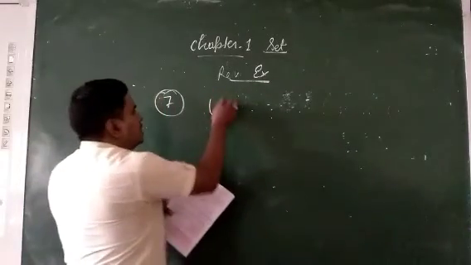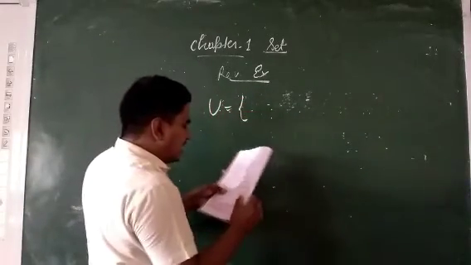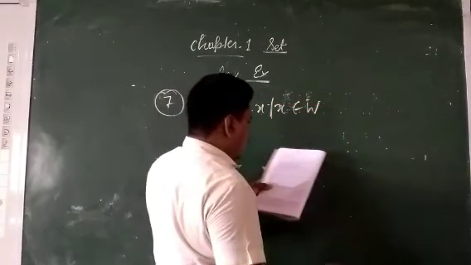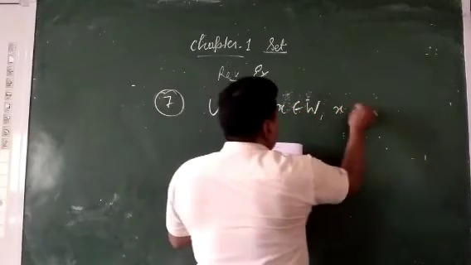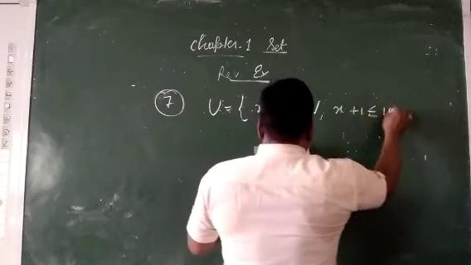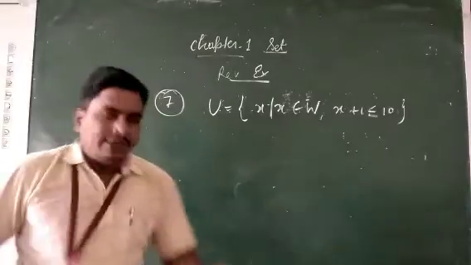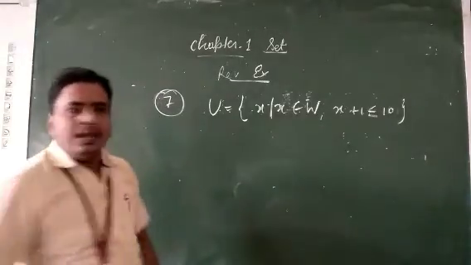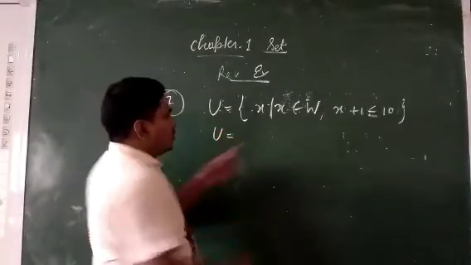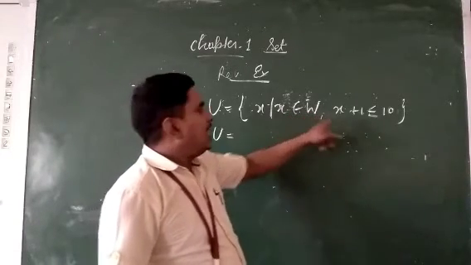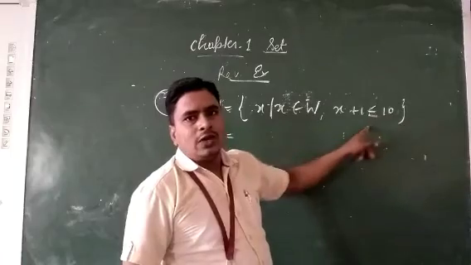The universal set U is given: X such that X belongs to whole number where X plus 1 is less than or equal to 10. First we have to write this universal set in roster form. X belongs to whole number and X plus 1 is less than or equal to 10.